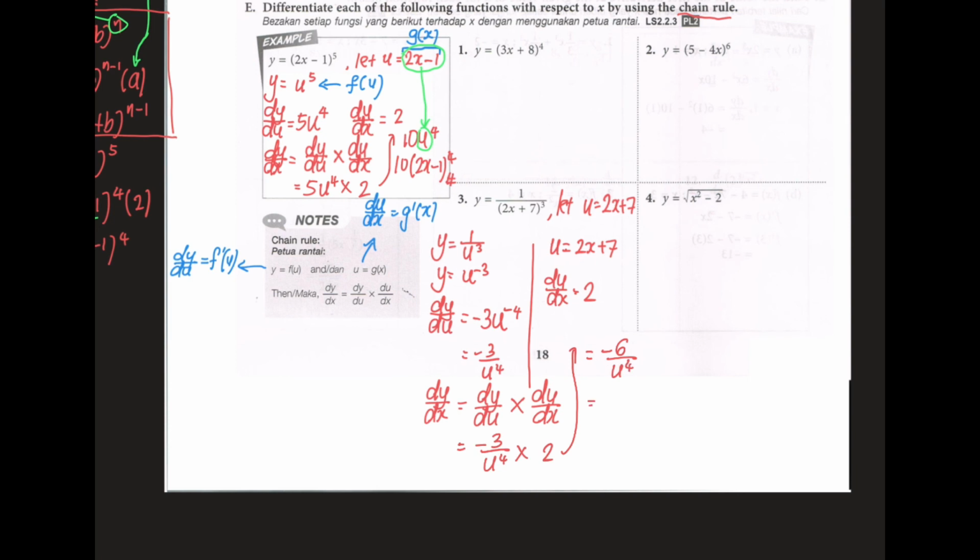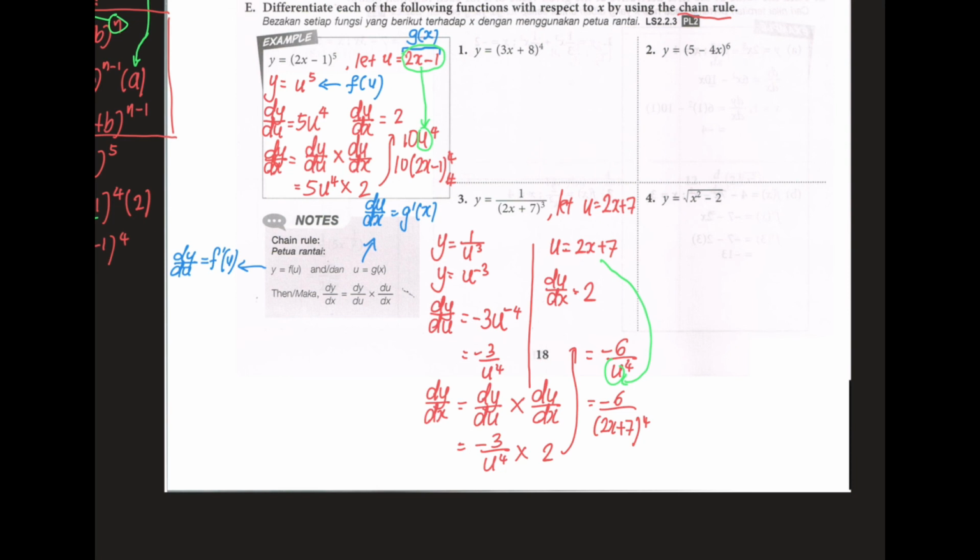Then we get minus 6 over u power 4. Then we substitute the u. As you can see from here, the u is 2x plus 7. So we substitute 2x plus 7 and then power 4. So that is how we get dy dx.